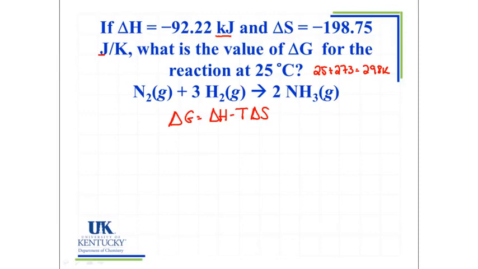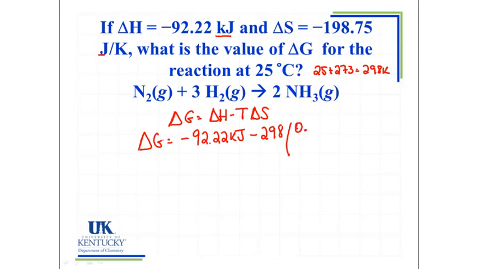Now I can substitute in the values I know. So I have delta G equals delta H, so minus 92.22 kilojoules, minus my temperature in Kelvin, which is 298, times my delta S value, which I'm going to go ahead and convert to units of kilojoules per Kelvin by dividing by 1,000.